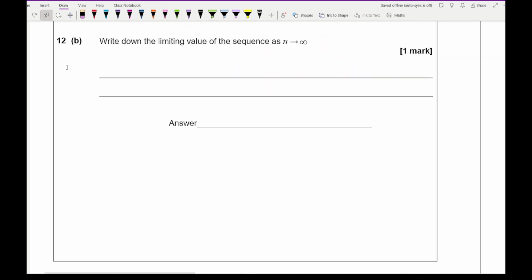Moving on to the next one, it says write down the limiting value of the sequence as n tends to infinity. Well, if I write down the formula again, it's 3n squared over n squared plus 2. If n tends towards infinity, the numerator is going to be 3 lots of infinity squared, so that's basically going to be 3 lots of infinity.